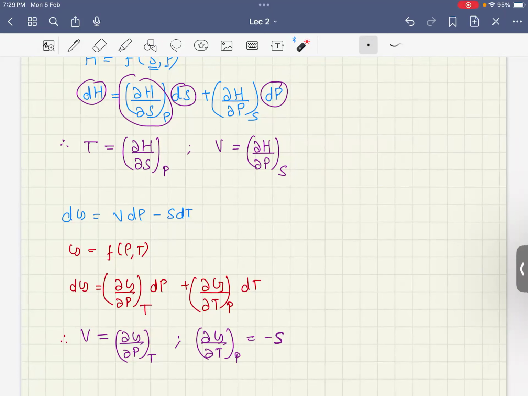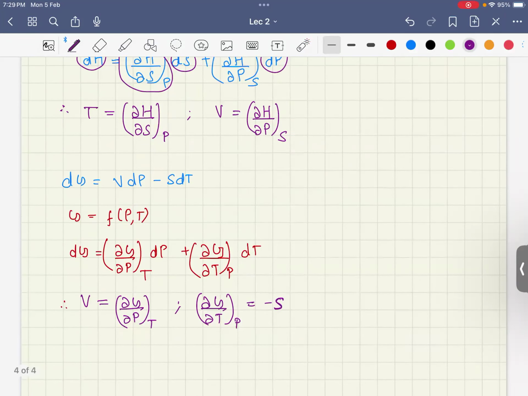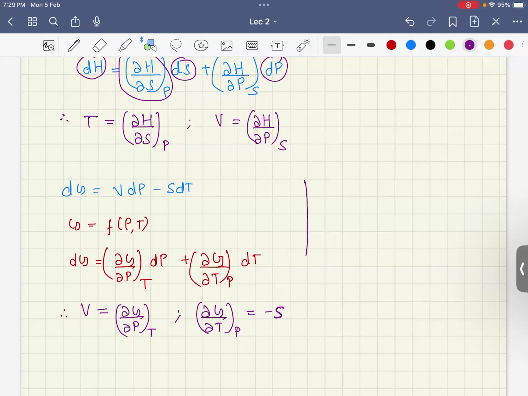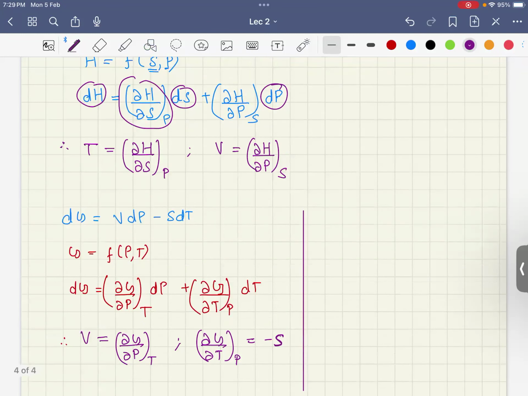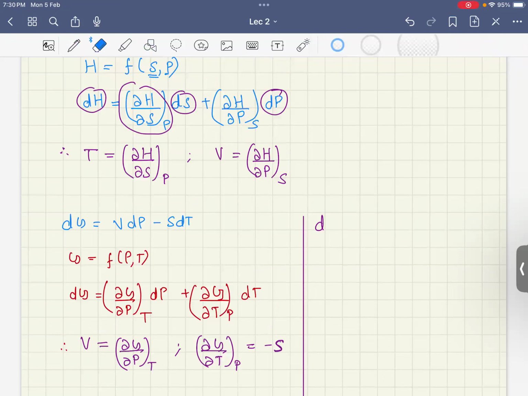But delta S is not a measurable property, so this will again be replaced. I will go forward; there is something called the Maxwell relation, so this will again go into that. I will come to that. These are all linked to one another. So again, now what we do is we do it for dA.